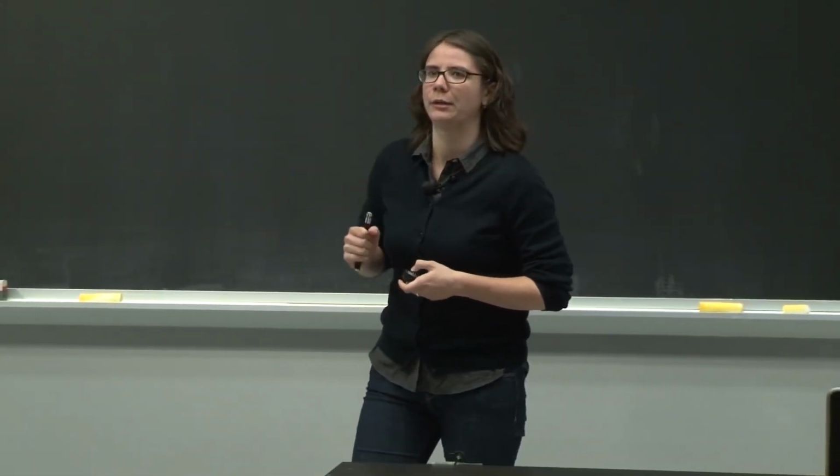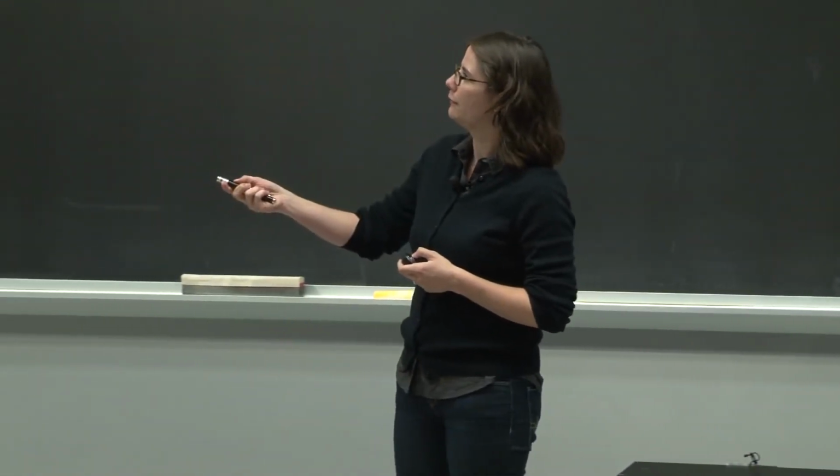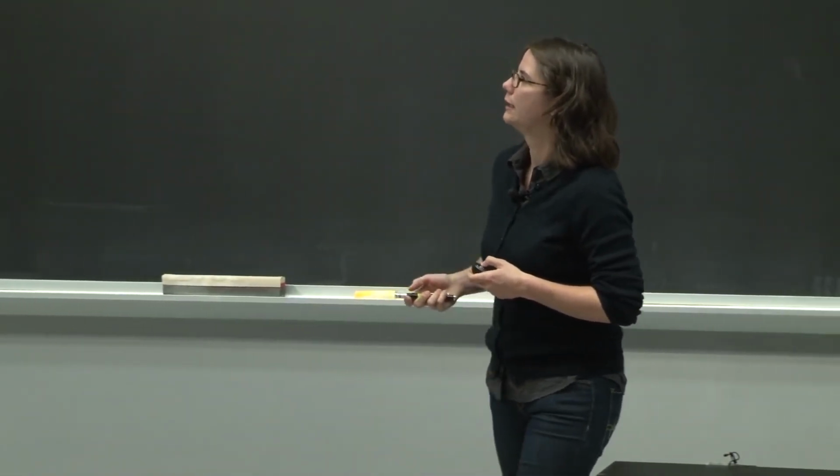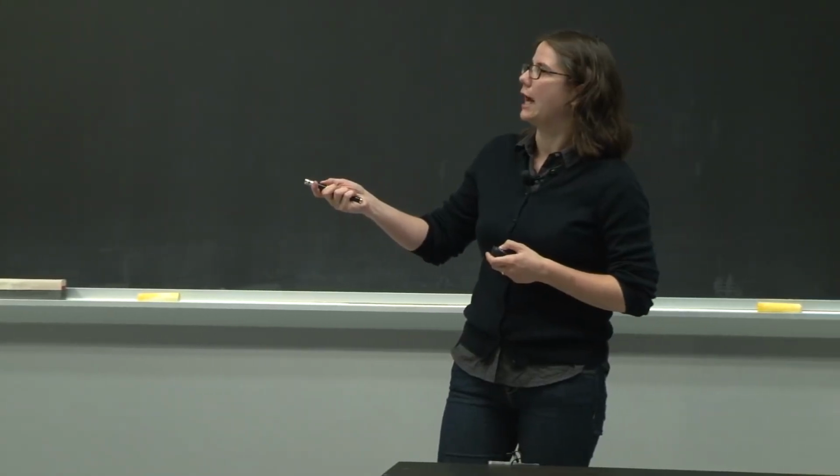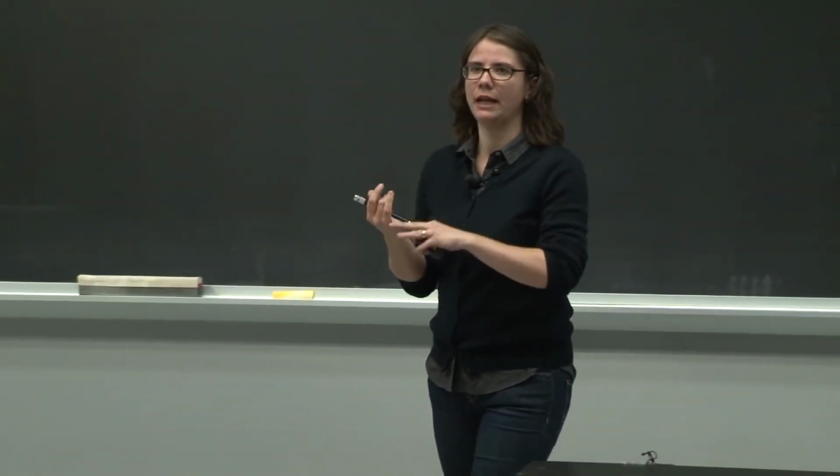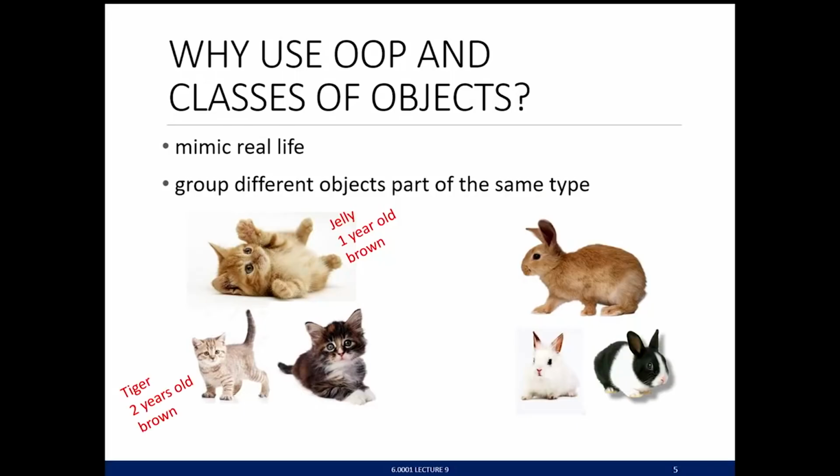Using object-oriented programming, each one of these is considered a different object. As a different object, I can decide that a cat is going to have a name, an age, and maybe a color associated with it. And each one of these three rabbits is also an object, and I'm going to decide to represent a rabbit by just an age and a color.